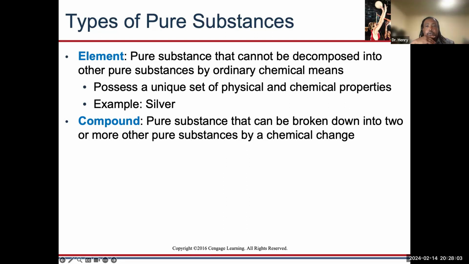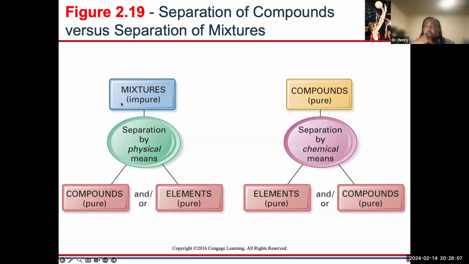So when we talk about separation, if we have a mixture which is impure, we can separate those by physical means. So you can separate them into your compounds or your elements or your molecules. If you have a compound, you can only separate the elements from each other by chemical means. So if you have a pure compound, you can break those down into their elements by a chemical reaction.